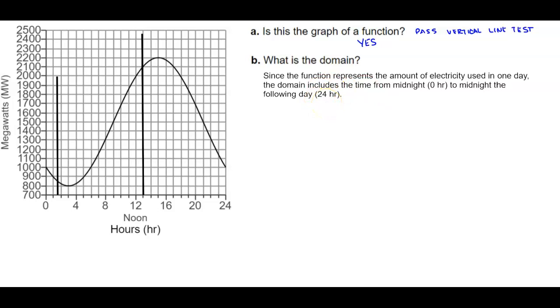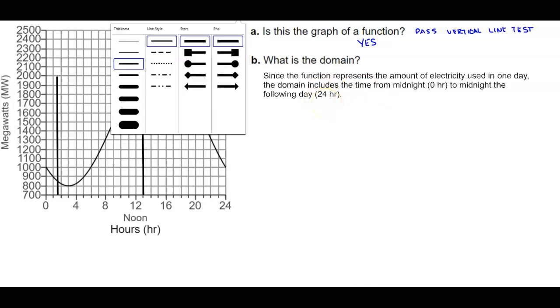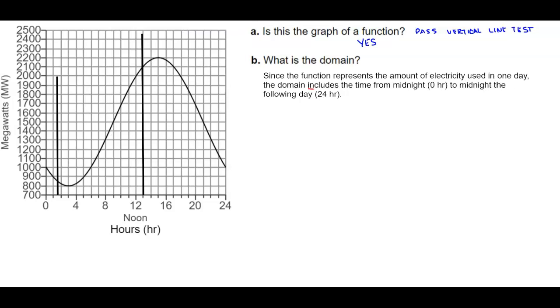Now keep in mind, when we say include, that means we're inclusive, meaning we're including 0 and we're including 24. So the domain is going from 0 all the way to 24.